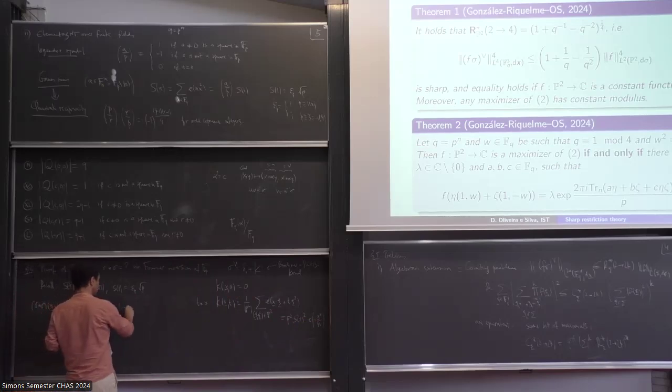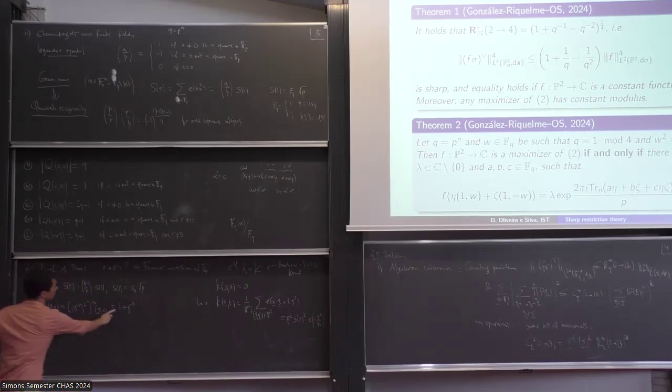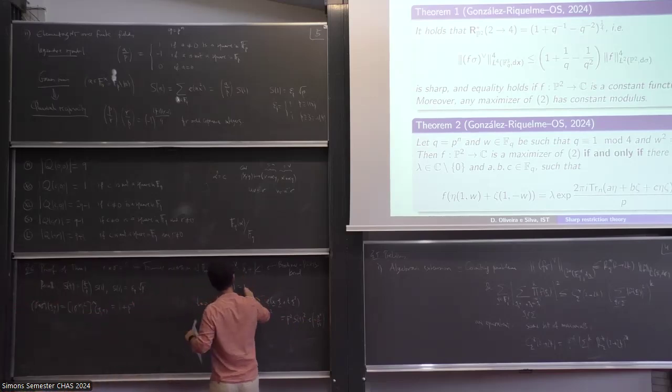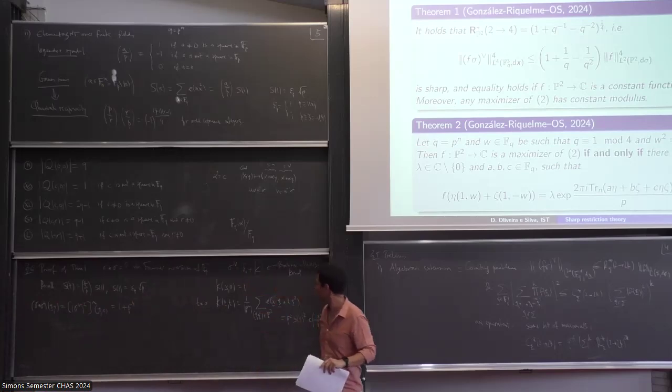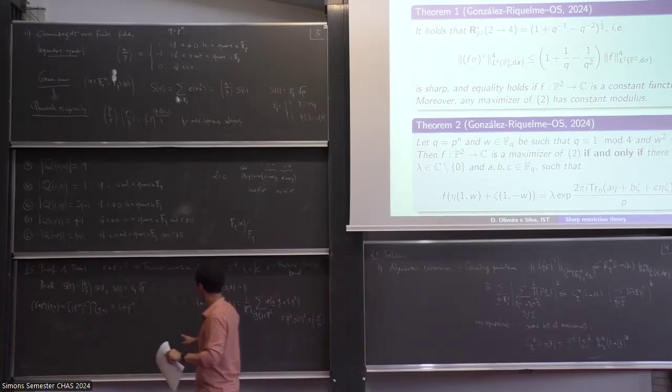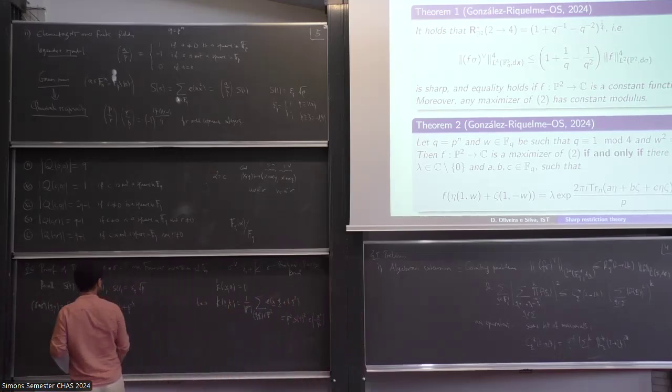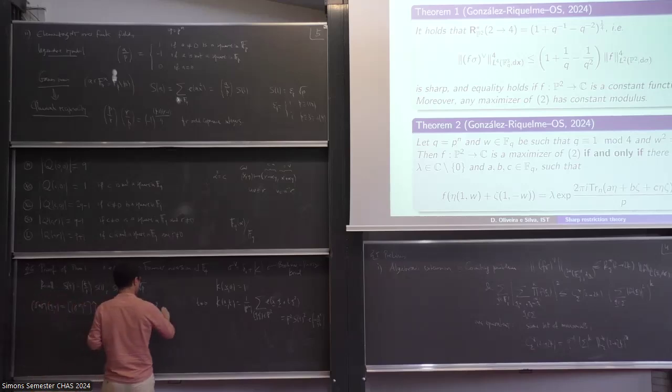So the result is 1 plus p to the minus 4. Sorry, this one is here because I was hesitating. This has to be 1. So it's corresponding to the delta. Then p to the minus 4, S_t to the 4, and then exponential of minus x squared over 2t.